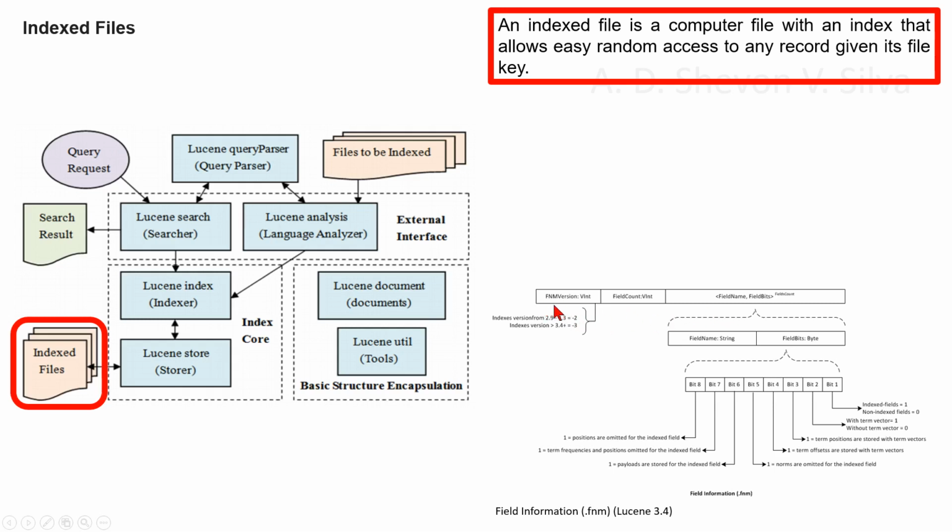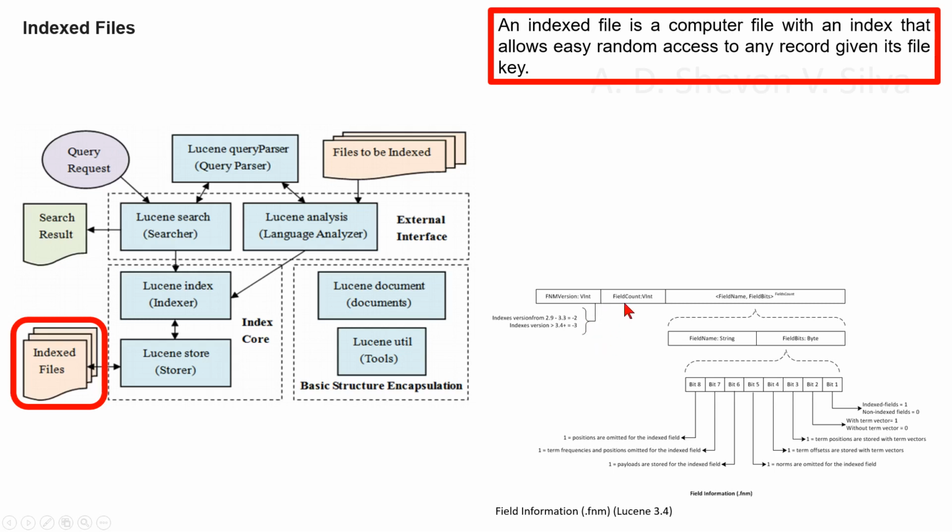Here you can see the fnm version vint. The index version from 2.9 to 3.3 is -2, and the index version for 3.4 and above is -3.